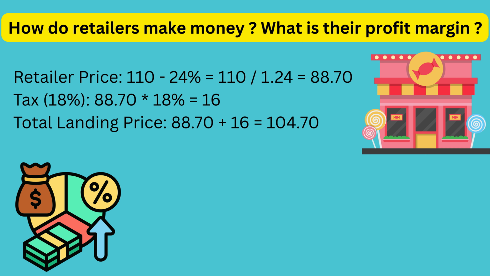In the previous example, we saw how a retailer is paying 104 for a bar of chocolate and he sells that product at 110, giving him a profit margin of 5 to 6 rupees. However, this is a high level calculation, and in the real world, many more scenarios and variables are involved.